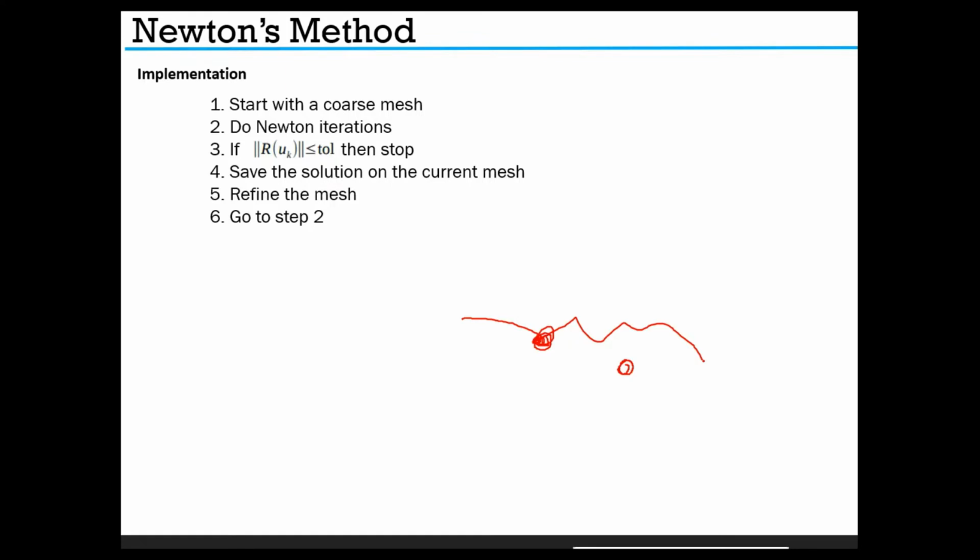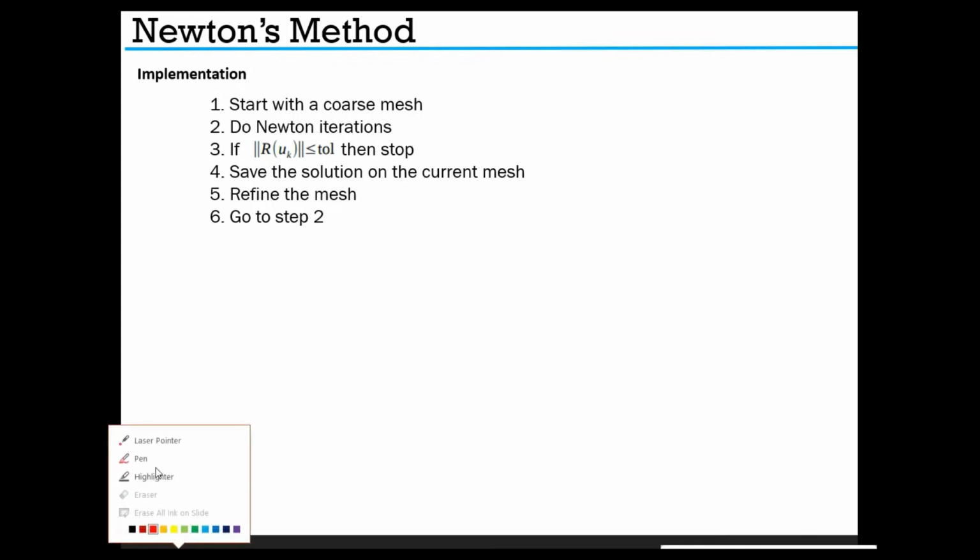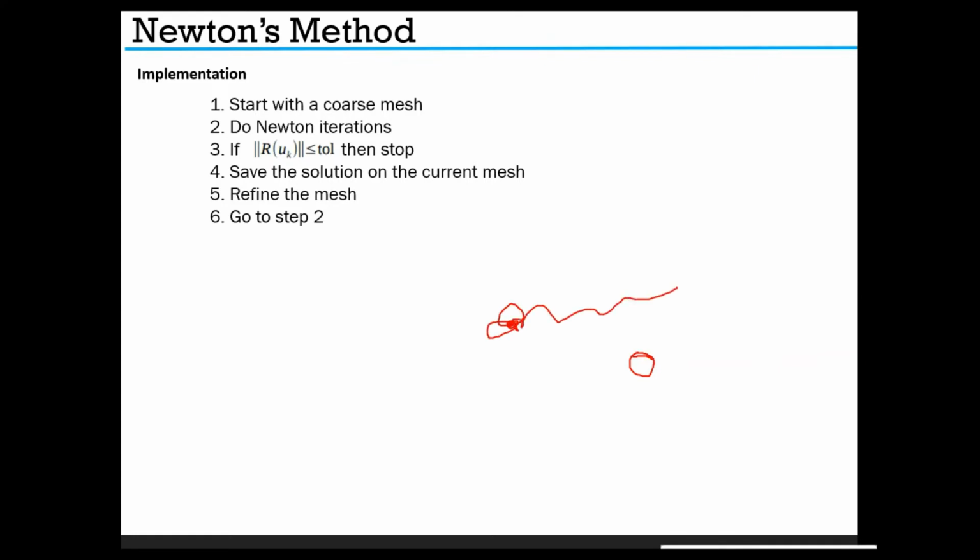So in Newton's method, if it starts very far away from the result to converge to, then it might loop here or go to other places like that.